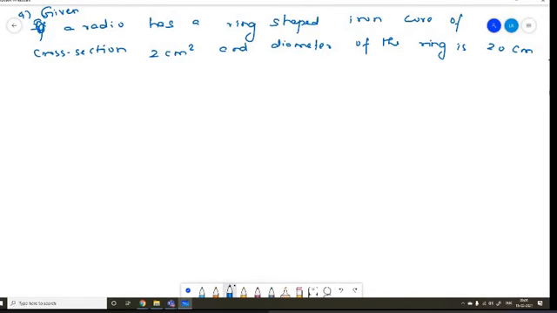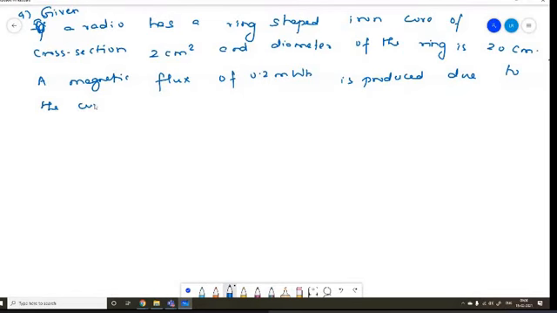Centimeter is produced due to the current flowing in a coil of 300 turns.